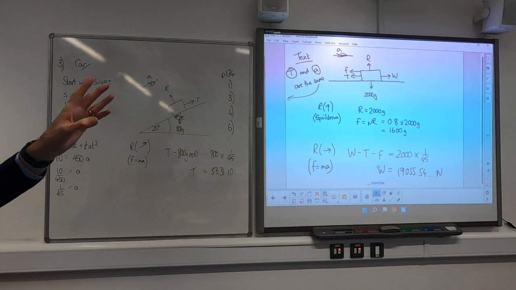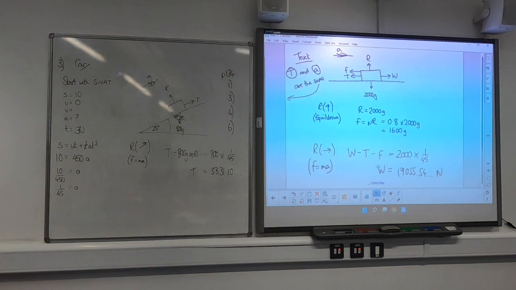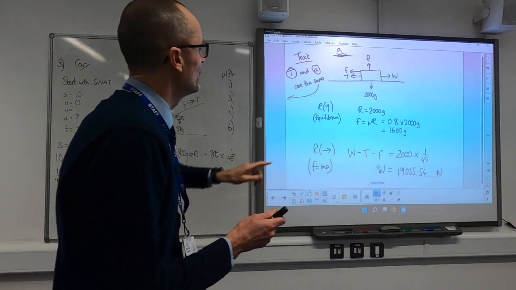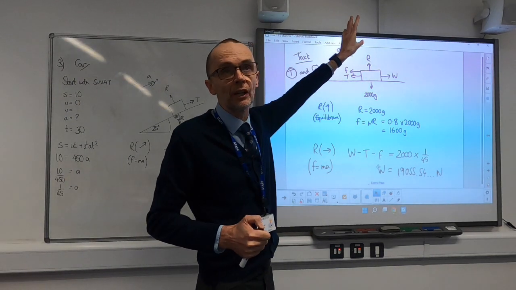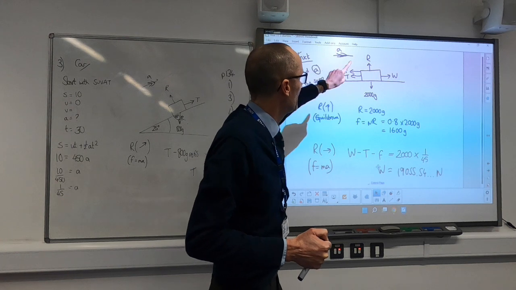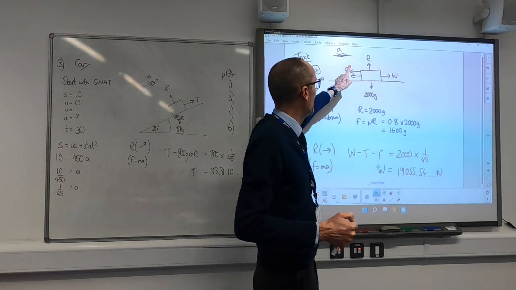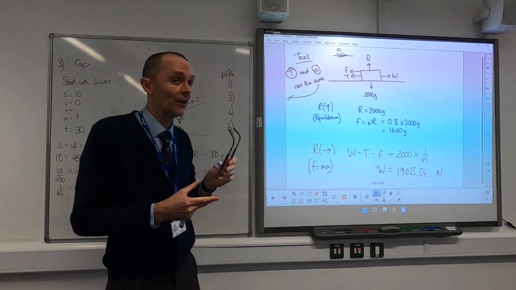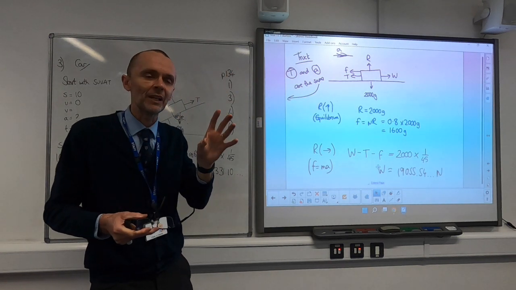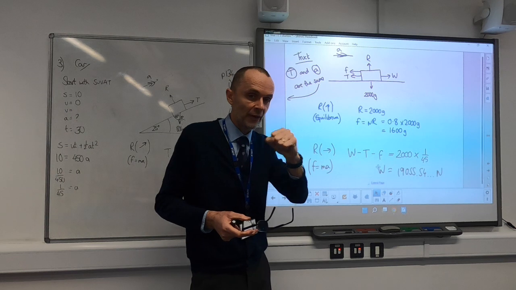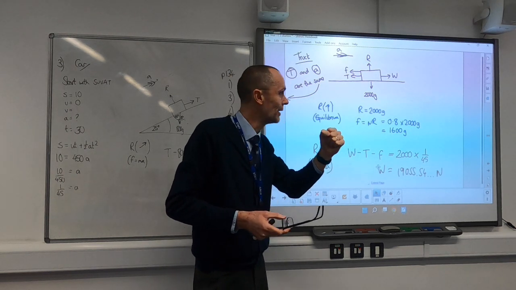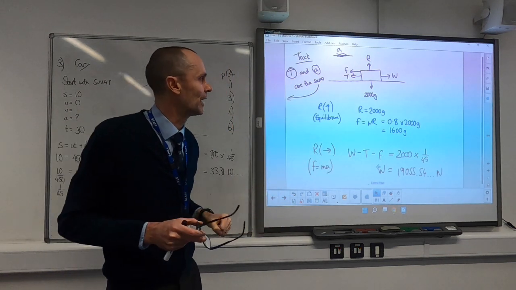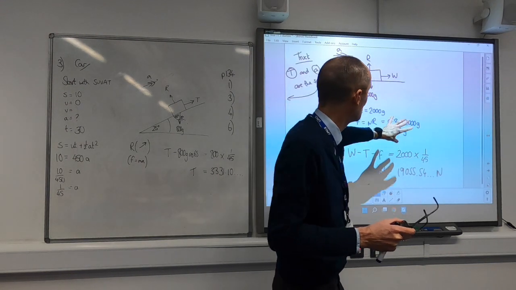I'm not going to do the last part, but if the rope breaks, then you've no longer got T and the acceleration will change. But you've still got W and you've still got F. F will stay the same. If it's moving, F is at its maximum value. Remember, friction is variable until it reaches its maximum value, and then it stays at that value, and its maximum value is mu R, which we've already calculated.